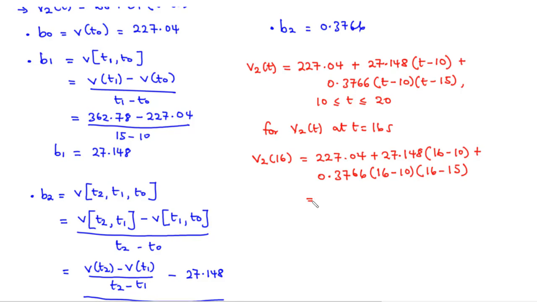When you compute this, you get 392.1876 meters per second. So that is v2 of 16. Therefore, v2 of t is nearly equal to 392.19 meters per second at t equals 16 seconds.